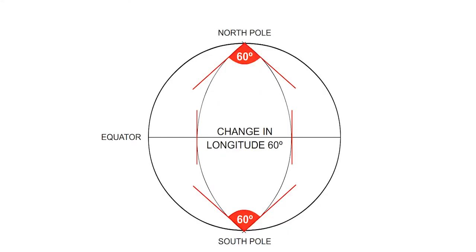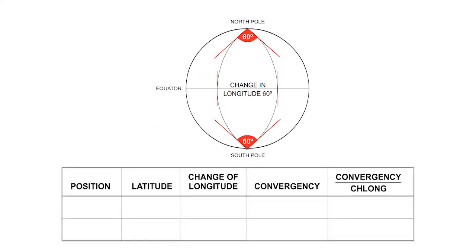We can derive a formula to calculate convergency. In order to do this, we will start by comparing convergency at the equator and at a pole. Let's choose 2 meridians 60 degrees apart and draw up a table. The positions we shall choose are the equator and a pole.